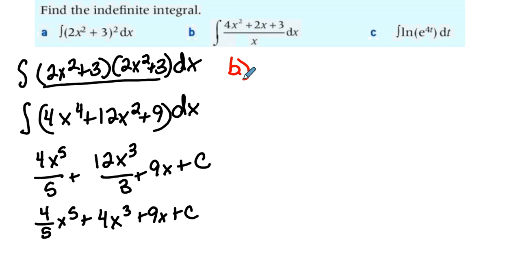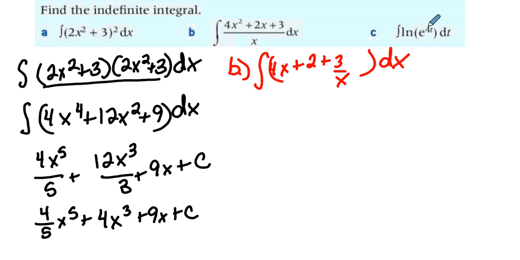For b, because there's just one thing in the denominator, divide the whole numerator by x. When you do that, you are going to integrate 4x plus 2 plus 3x to the negative first with respect to x. Here, let me rewrite that. I'm going to do 3 over x for that one.